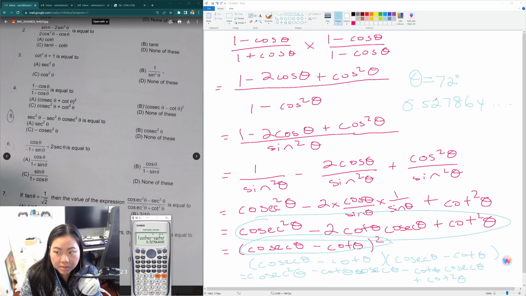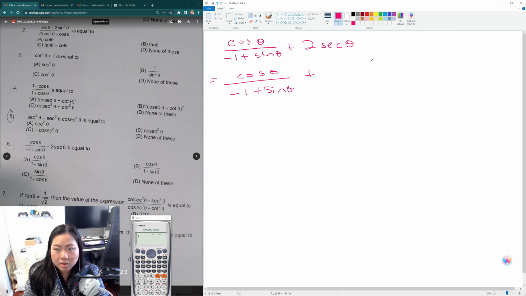Question 6. Cos theta on minus 1 plus sine theta plus 2 sec theta is equal to what? What I want to do first is to combine these two terms. So first of all, I'm going to change this to become 2 over cos theta, just because I like working with sine and cos rather than cosec and so on.